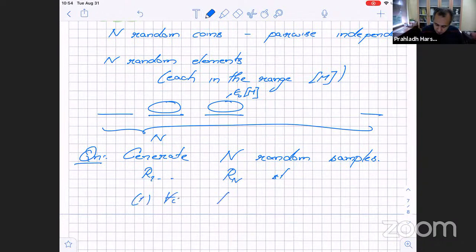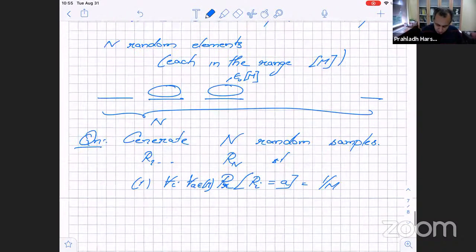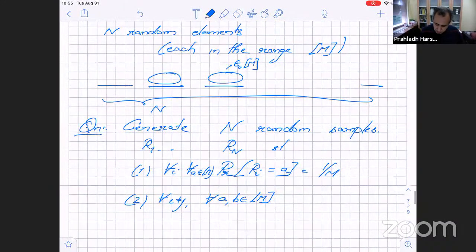For all i, the probability that Ri is equal to a, for all a in M, is exactly 1 over M. And furthermore, for all i not equal to j, Ri and Rj are independent.